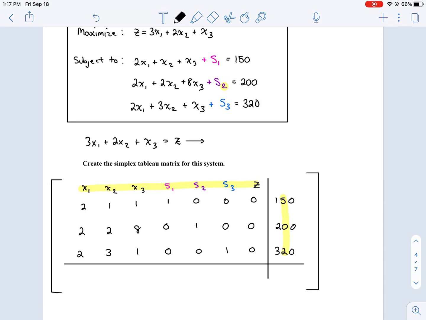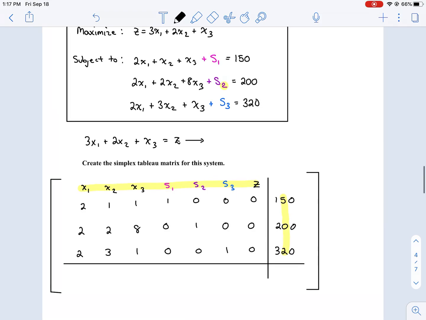And I'm going to do that by bringing the x's over to the right. So this is the same as negative 3x sub 1 minus 2x sub 2 minus x sub 3 plus z is equal to 0.